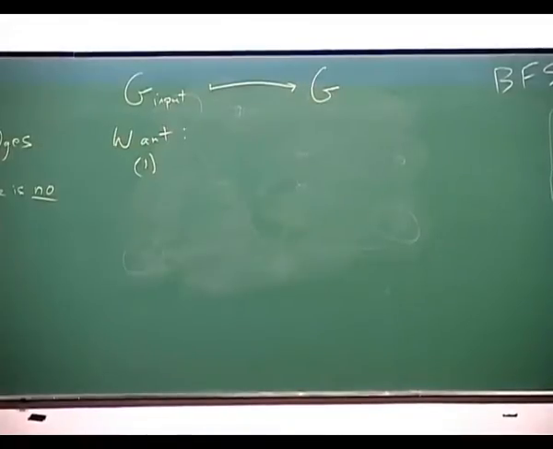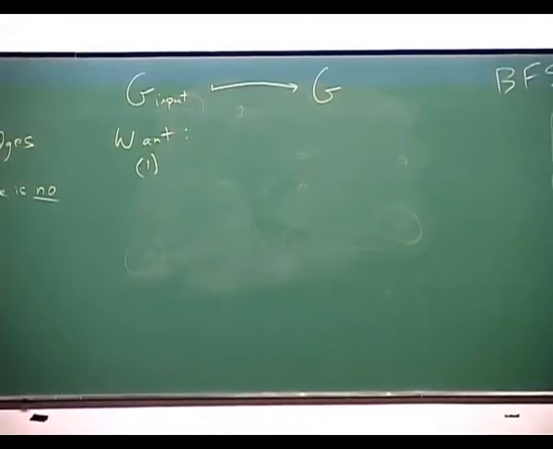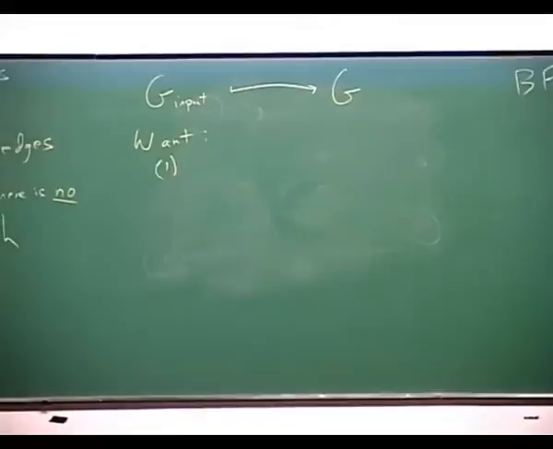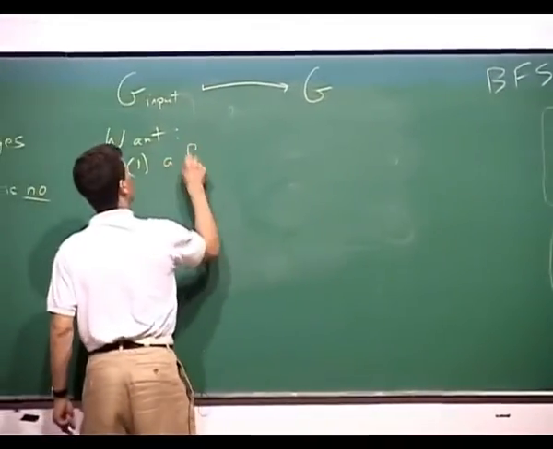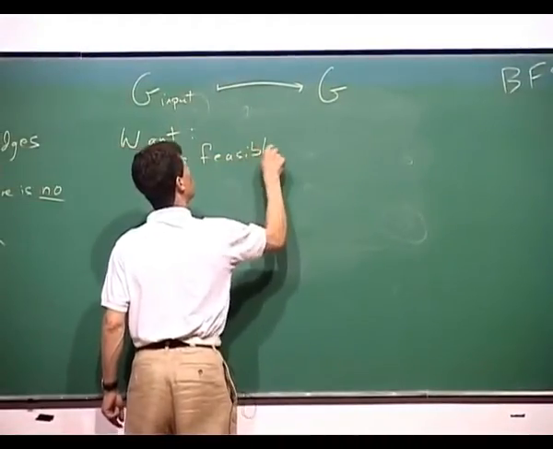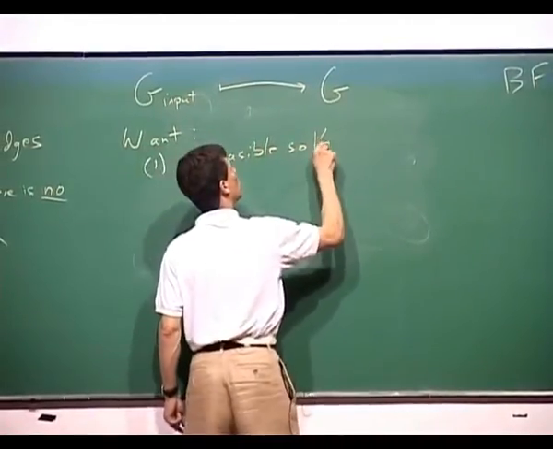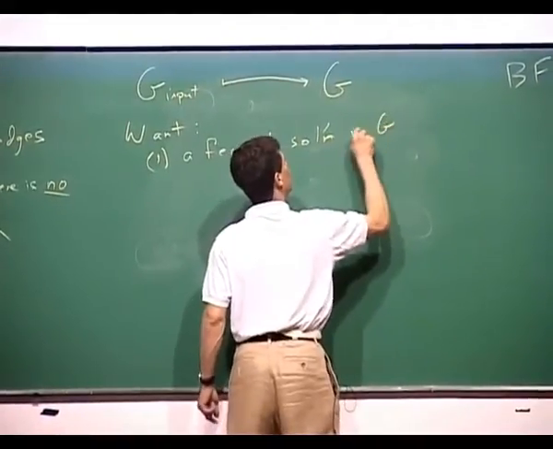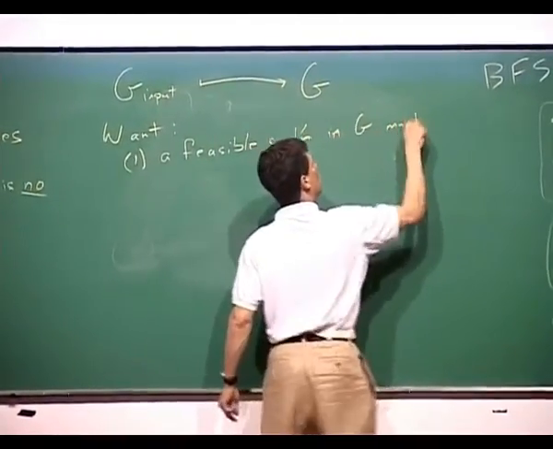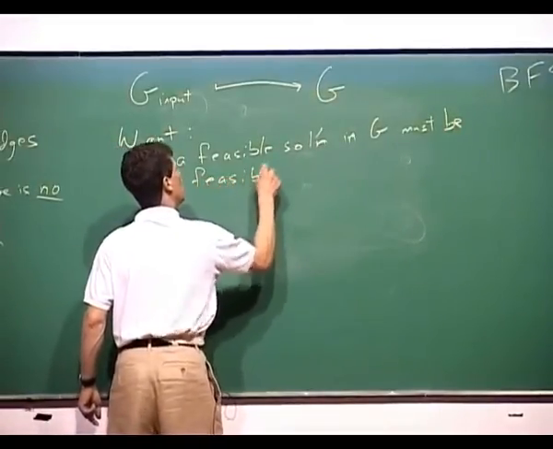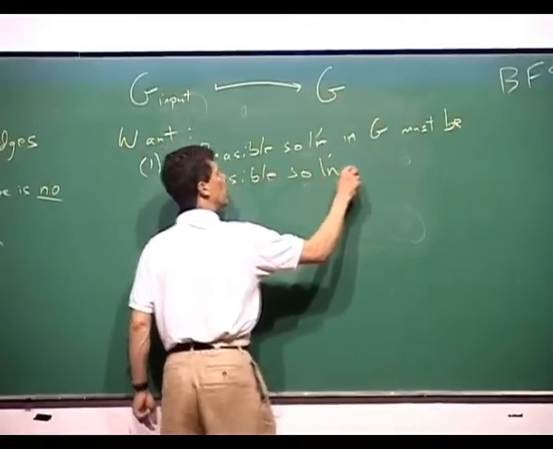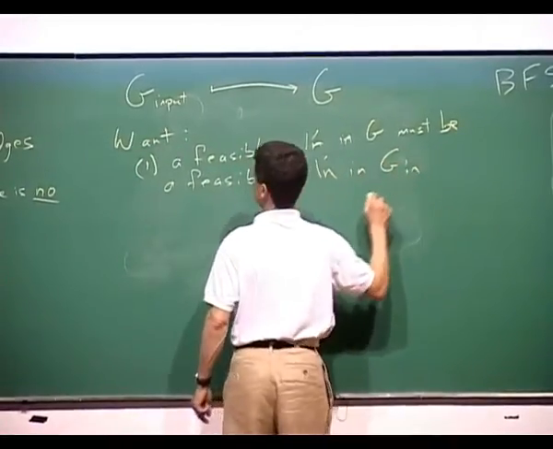Yeah, one of the two directions. Because we're working with G, we will find a solution in G and transfer it back to G input. So every multi-terminal cut in G should be a feasible solution in G input.